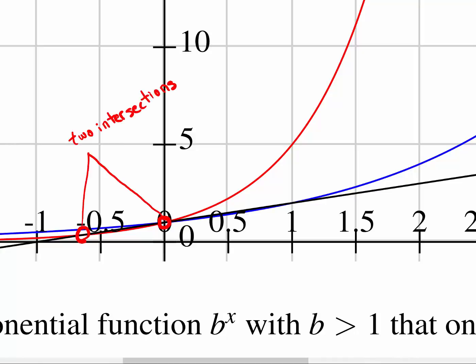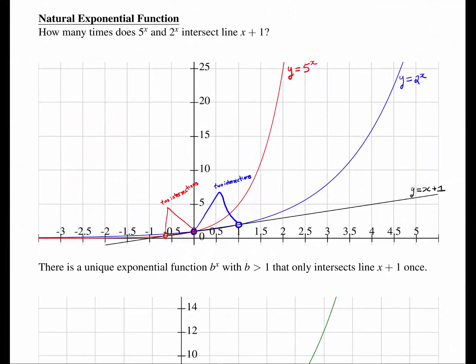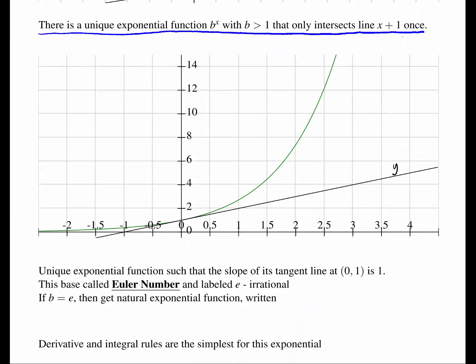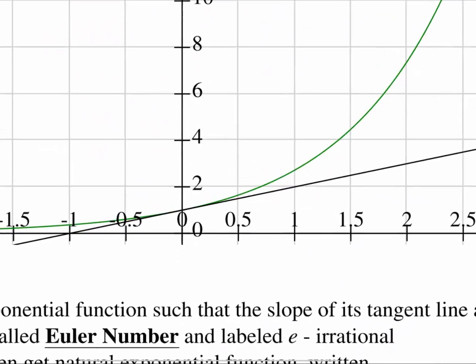And 2 to the x intersects at 0, but also at a positive number. Neither of these intersects the line once only; they both intersect twice. But there is a unique exponential function that intersects just once, when x is equal to 0.